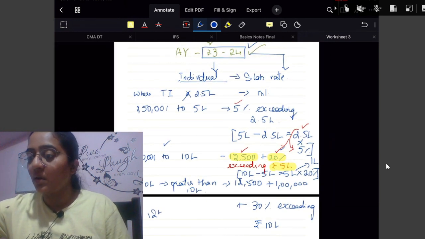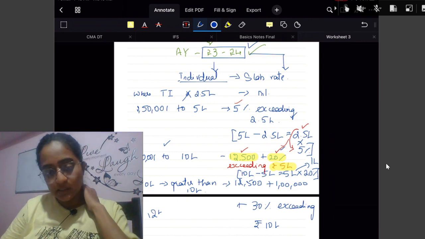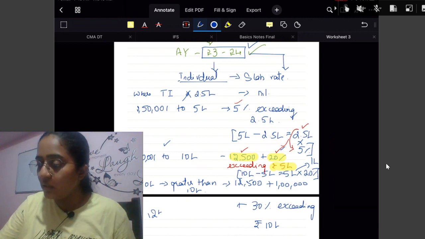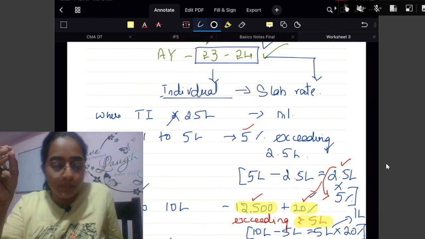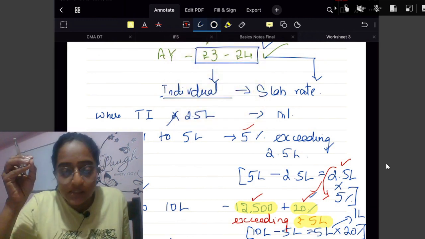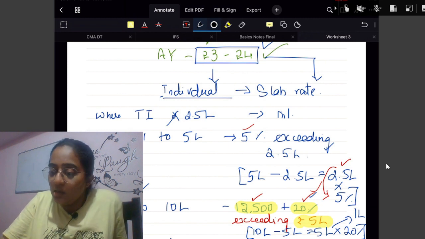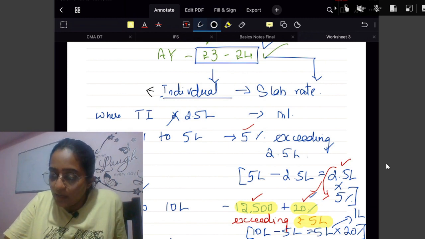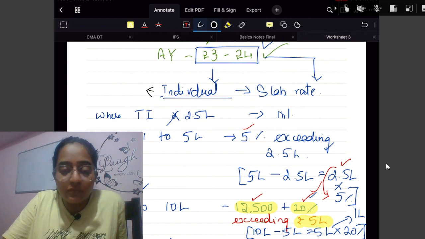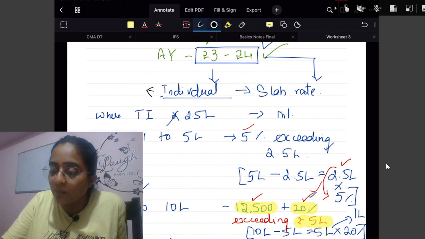Now, whatever we have discussed over here, I've discussed for the individual. This slab rate, whatever I've told, the entire slab rate is applicable for the individual who is up to 60 years of age.